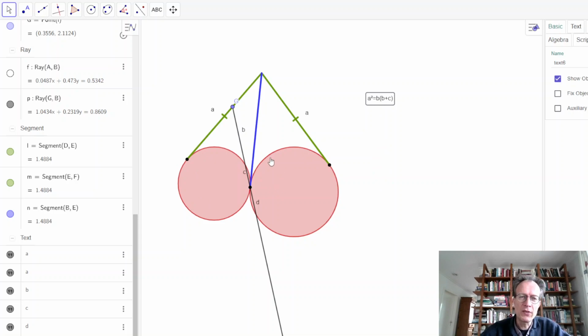But now we're going to take the power of a point of the same point with respect to the larger circle. Because the tangent has length A, it is also A squared.